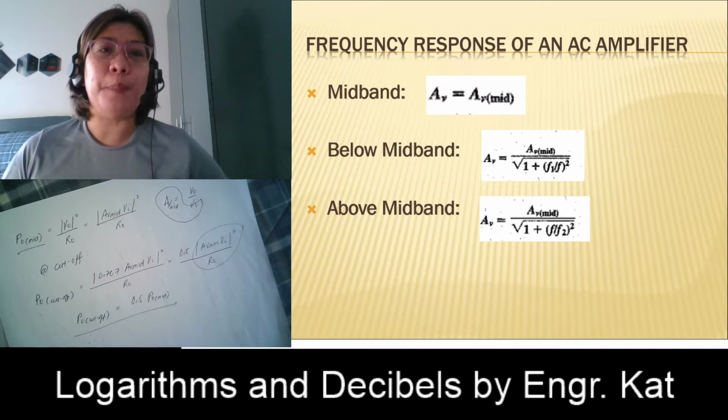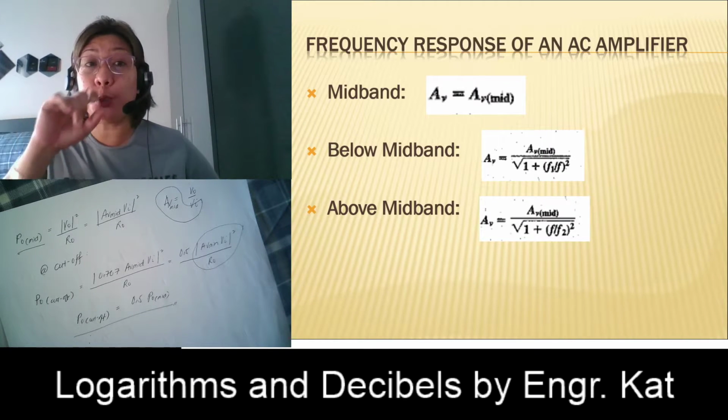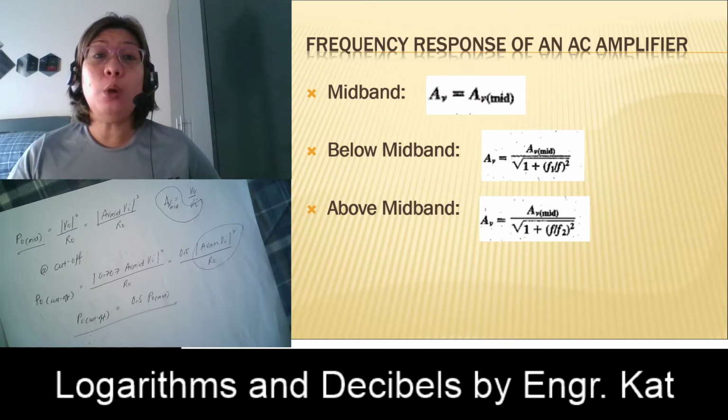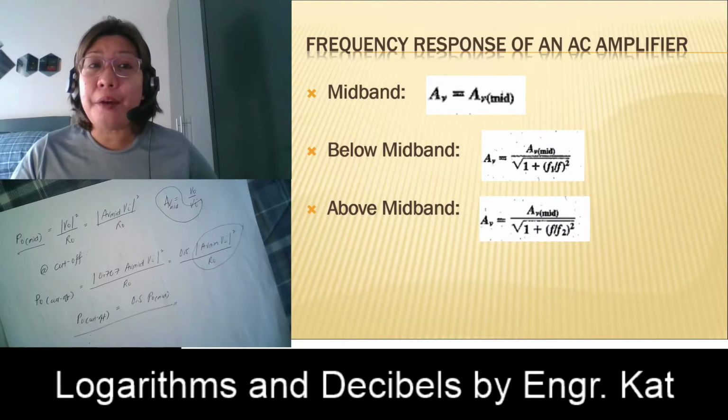Okay, so at mid-band, your voltage gain is equivalent to AV mid. That is your normal voltage gain. Below mid-band, the voltage gain will be equivalent to AV mid divided by the square root of 1 plus F1 all over F, squared. F1 is your lower cutoff frequency. F is any value lower than your cutoff frequency.